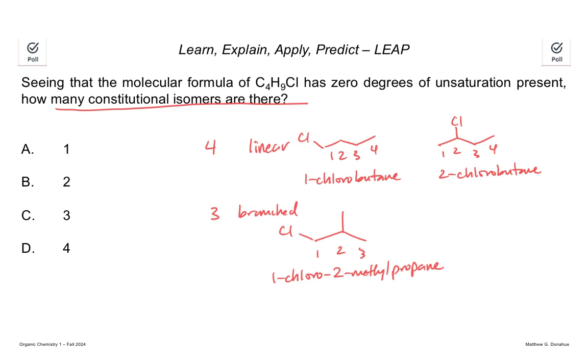And so the answer is 4. So the last constitutional isomer we'll draw, we're just going to put the chlorine on carbon 2. So this is 2-chloro-2-methylpropane. So now we have 4 constitutional isomers, and the next series of questions are just asking in different ways about each of them.